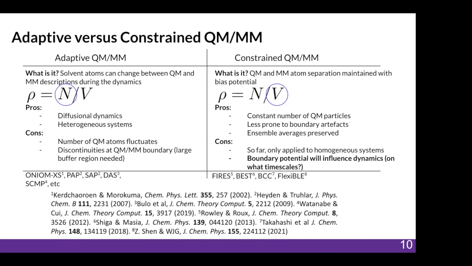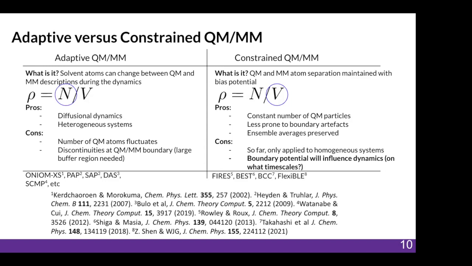So the advantage to this set of approaches is that it allows for this diffusion because it allows the changing identity of your QM and MM partitioning. That is, the number of atoms that you define as QM and the number of atoms you define as MM can change dynamically as a function of time. And it is straightforwardly applicable to heterogeneous systems wherein you have a mixed solvent environment.